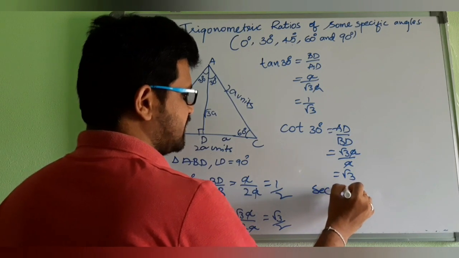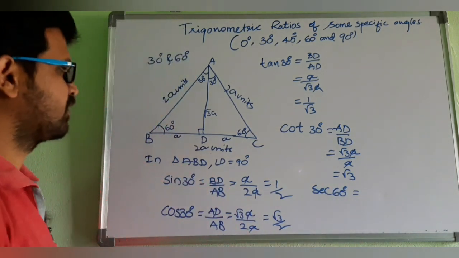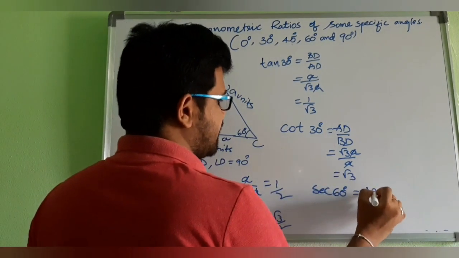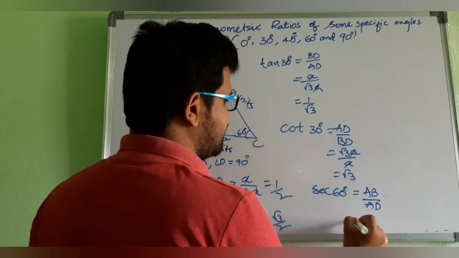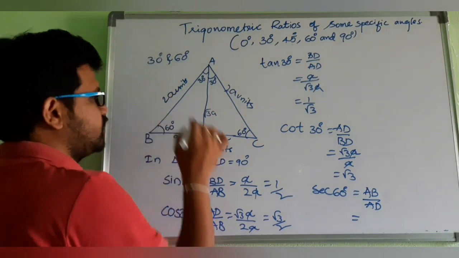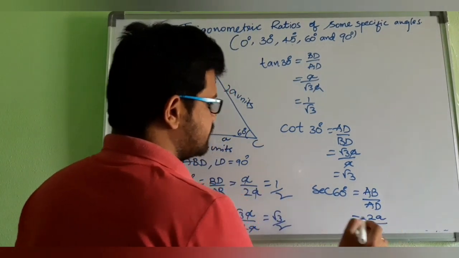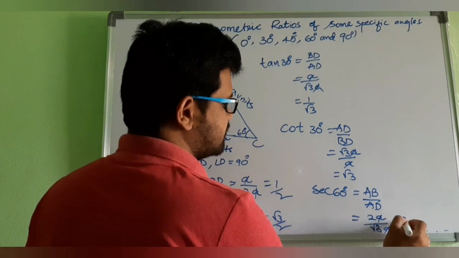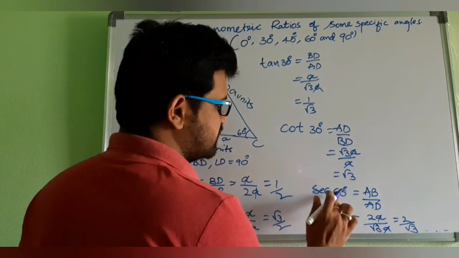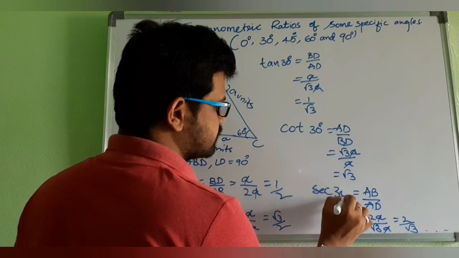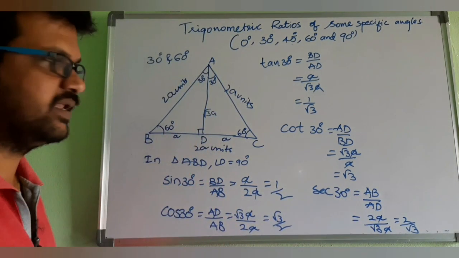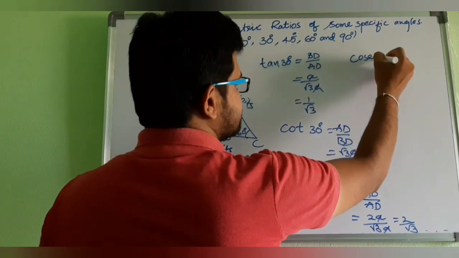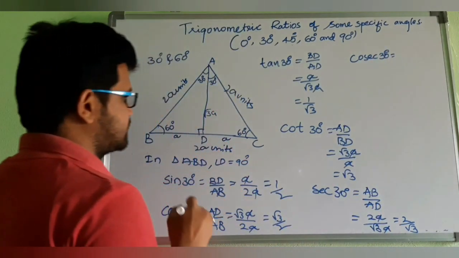Secant 30 degrees. So hypotenuse by adjacent side, AB by AD. AB is how much? 2A by root 3A. So cancel, that is 2 by root 3. This is secant 30 degrees. And next, cosec 30 degrees.